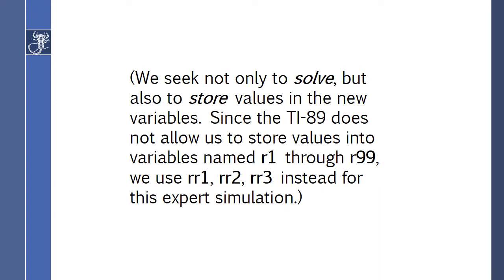The calculator has R1 as a reserved variable such that you can use it as a symbolic expression, but you cannot store values in it. You cannot store anything in R1 through R99. Therefore, if you want to use it symbolically, you can refer to R1. But if you want to store something in it, like is the case in the expert mode, then the calculator is going to give you an error. That's the explanation.